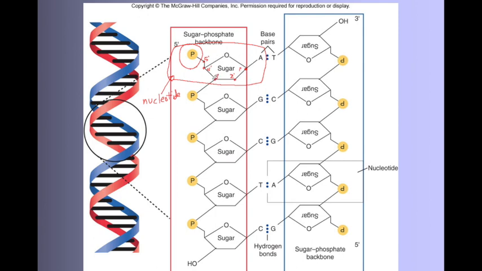And each nucleotide is connected here between the existing 3' carbon, which connects the next nucleotide at this phosphate group. This bond here is called a phosphodiester bond. You don't need to know that, but this is what's formed between adjacent nucleotides. It's this bond here between the existing 3' carbon and the new nucleotide's phosphate group.